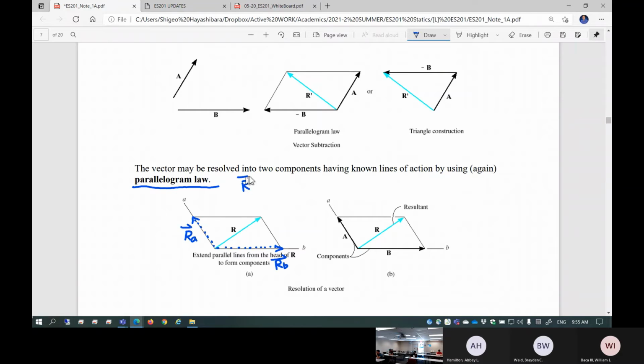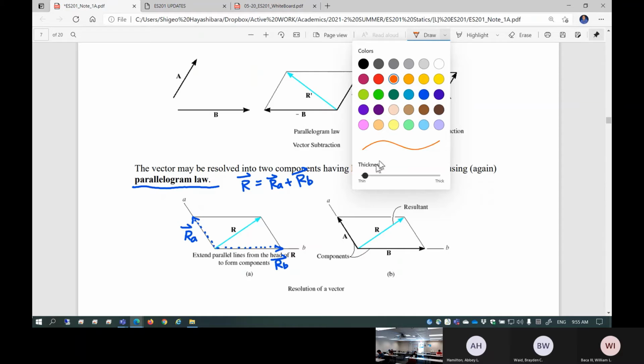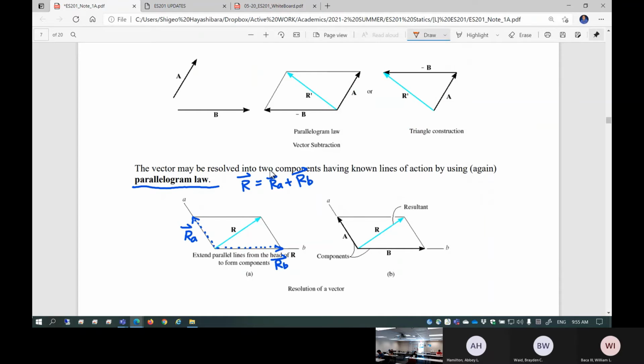So vector R still can be constructed by adding up RA and RB, right? These are components.